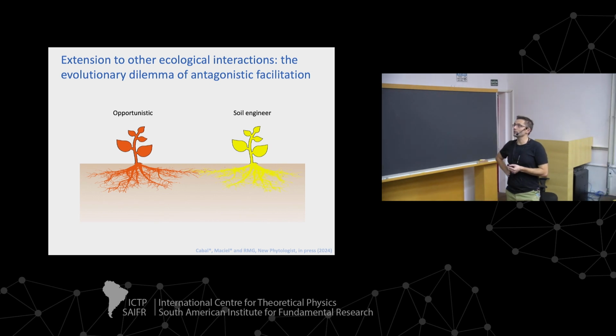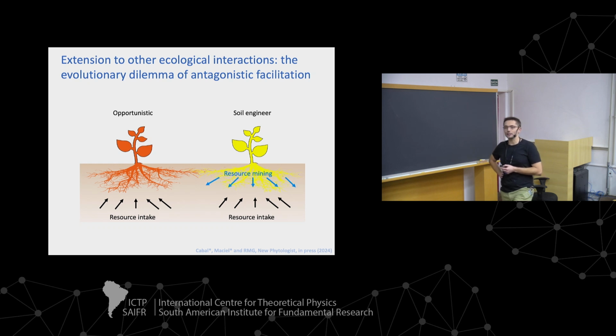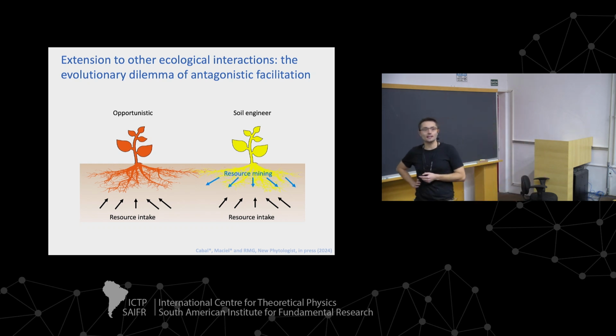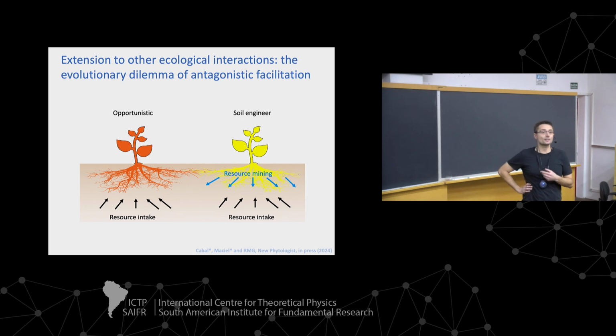So now the orange plant is going to be what I call opportunistic, and the yellow one is going to be a soil engineering plant. The idea is that both of them are able to take in resources, but the yellow one is going to carry a trait in her root system that is able to make resources available for anyone else.